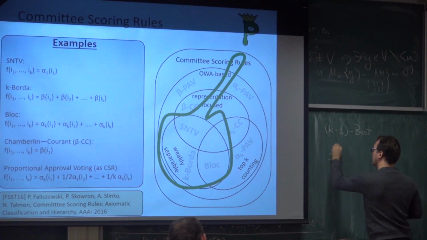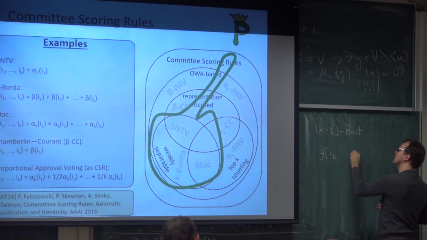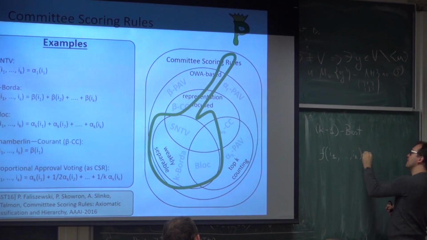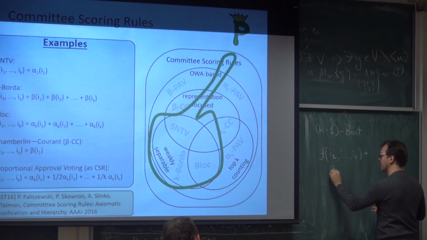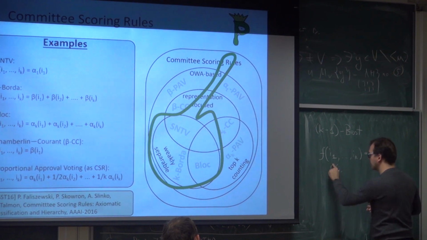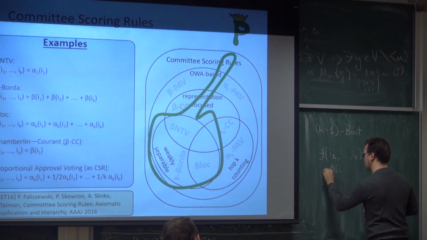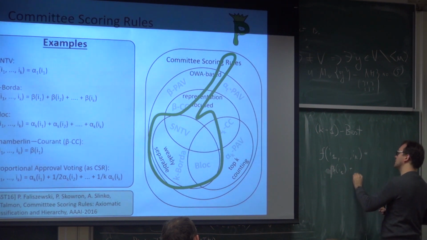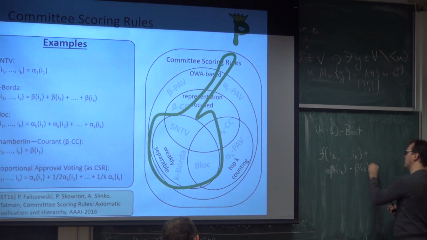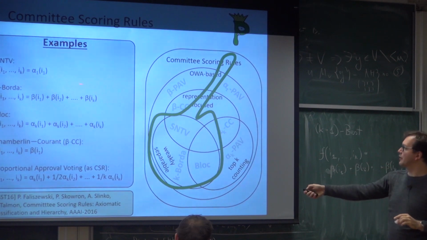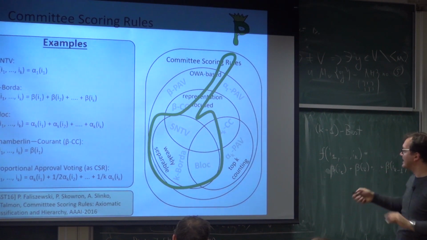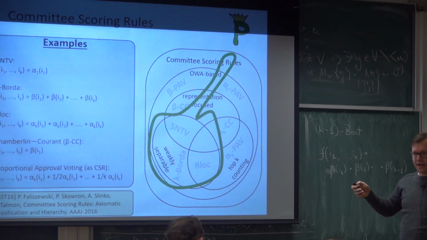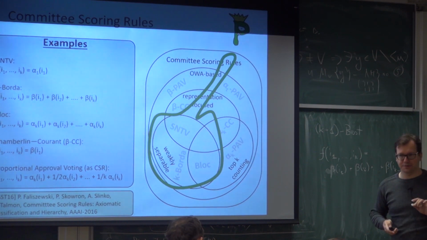For the position function, this will be just like k-Borda, except it is Borda of I1 plus Borda of I2, up to Borda of I(k-1). So it's exactly the same as k-Borda, except I stop on the second to last guy and not on the last guy, and this rule becomes NP-complete.